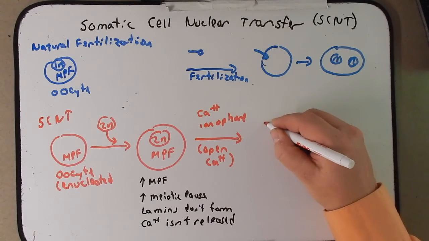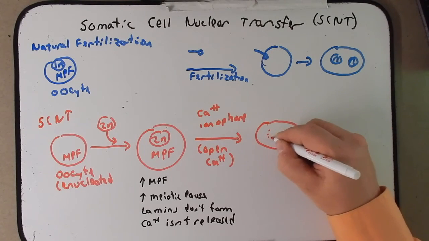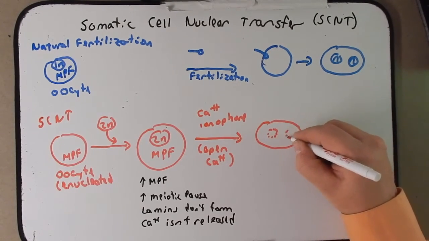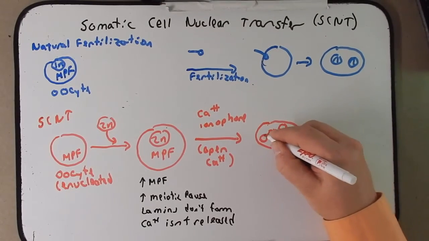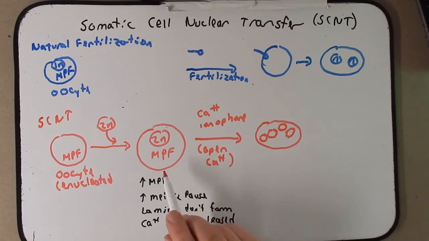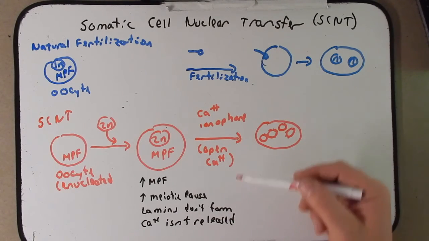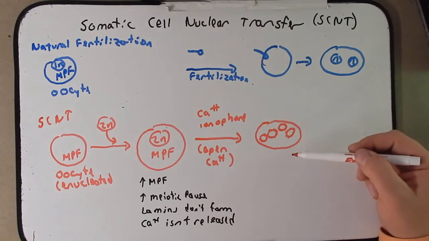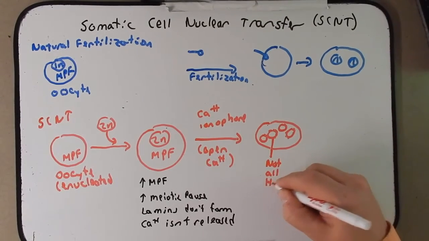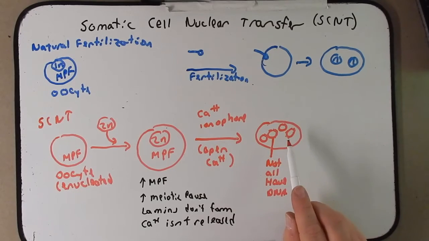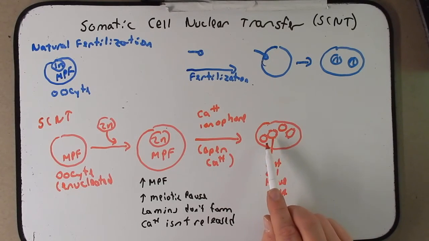When that happens, interestingly, you will form these pronuclei. But what's particularly interesting is you may form more than two. There's something about the program that once this calcium wave comes through, these pronuclei form. Now, not all have DNA in them. And there's no way to separate, at this point, maternal versus paternal DNA components.